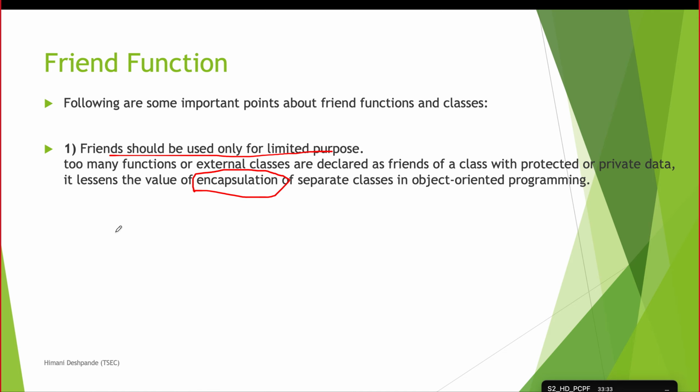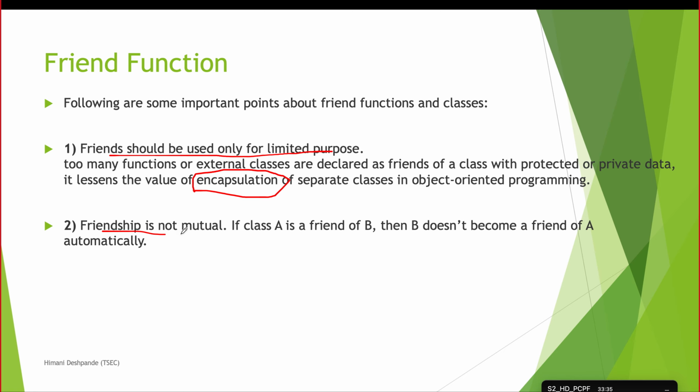The same concept is here: friendship is not mutual. It is only one-sided. Class A is a friend of B, but B does not automatically become a friend of A. We have to make B a friend of A also. So the friendship is not mutual.